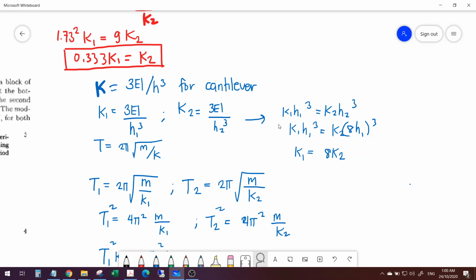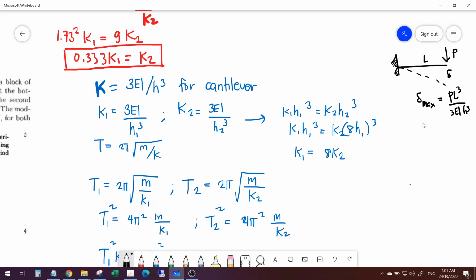If you idealize a cantilever beam with a concentrated load at the rightmost side, what is the maximum deflection? This is P, this is L. Your delta max is actually PL cube over 3EI.